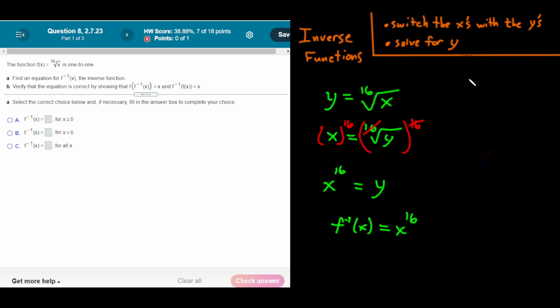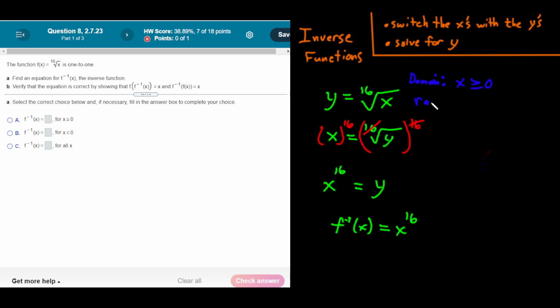Okay, so you can imagine having an XY table and you can start plugging in values, but we know that the domain for our original, so I'm just going to write domain here, is x is greater than 0. So from 0 to infinity. So we can say x is greater than or equal to 0, right? What is our range?